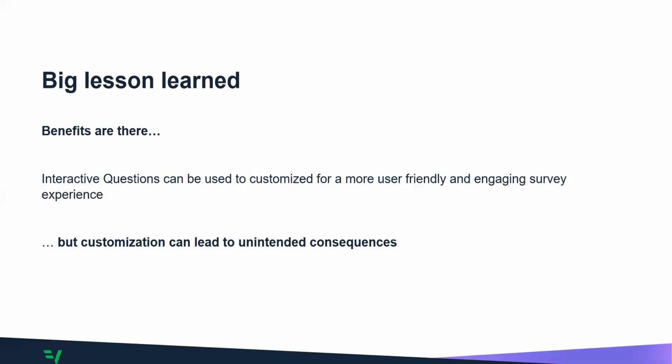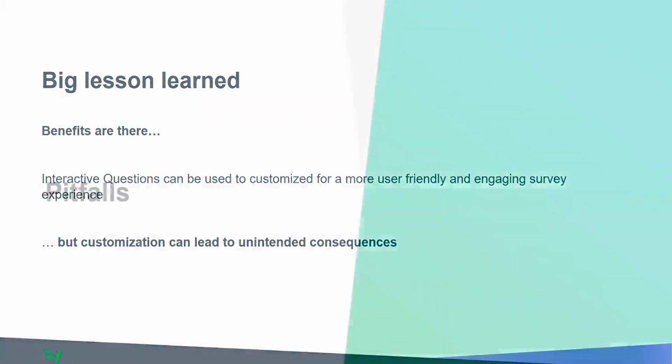But on the other hand, like with the slider and varying the start position of the sliders, interactive questions give us increased options for how we can customize and design them. And these changes can make a difference in ways we may not always understand.